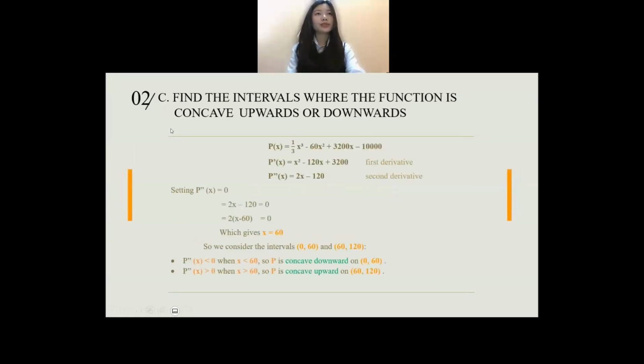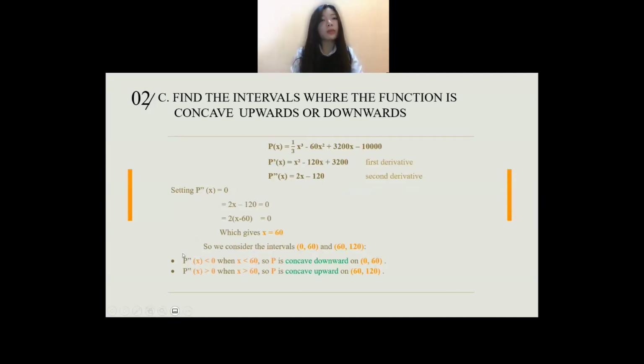Next, question 2c. Find the intervals where the function is concave upwards or downwards. We find the second derivative, P double prime x equals 2x minus 120. Setting P double prime x equals 0 gives x equals 60. So we consider the intervals 0 to 60 and 60 to 120.